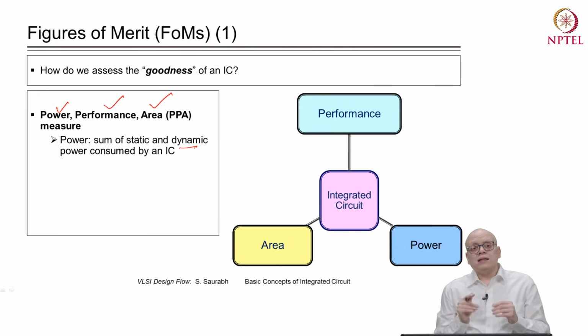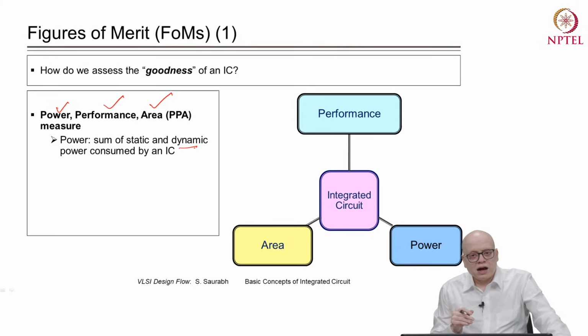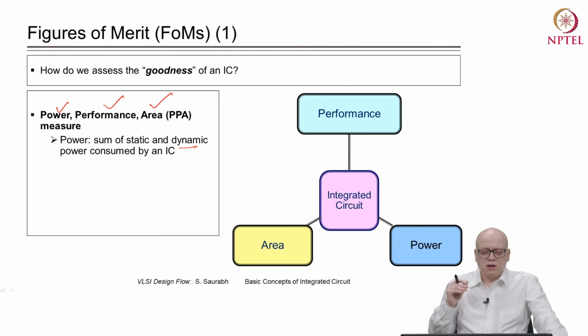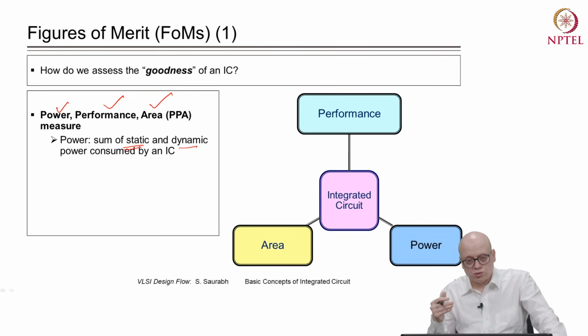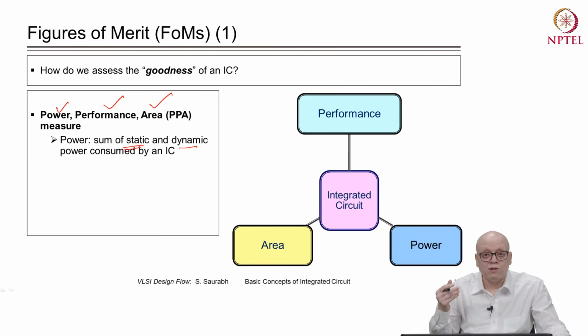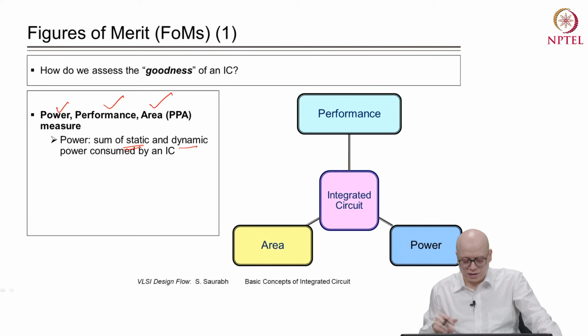And the power that is consumed when the IC is not doing active computation is known as static power dissipation. So these two numbers basically define the power numbers for an integrated circuit.